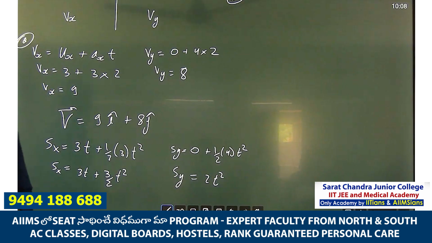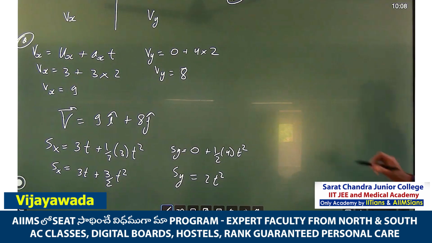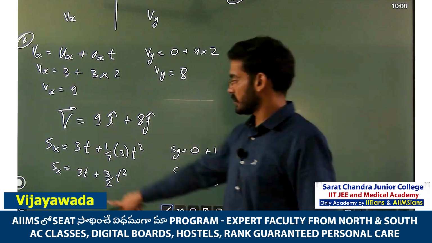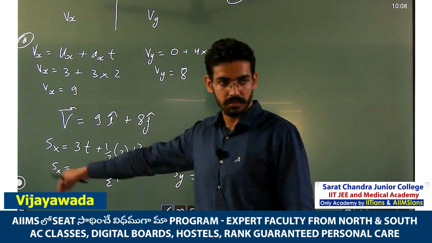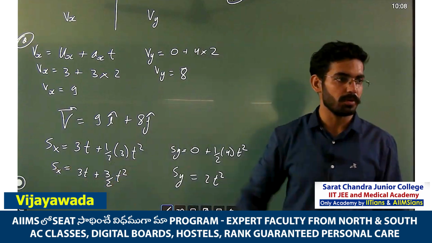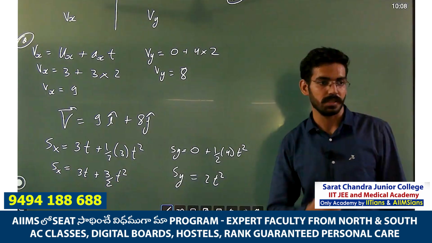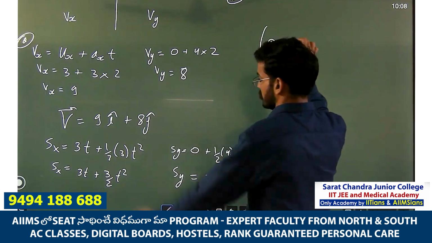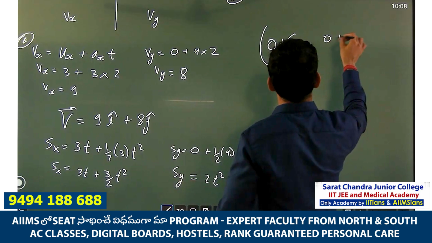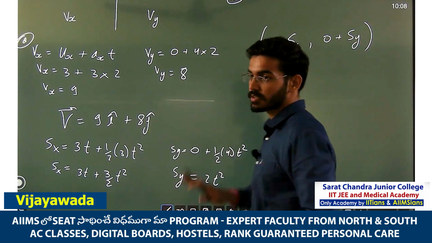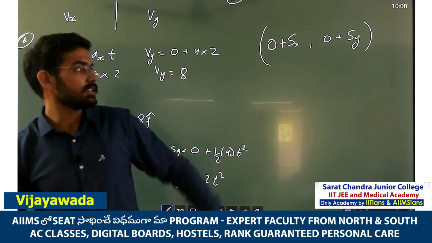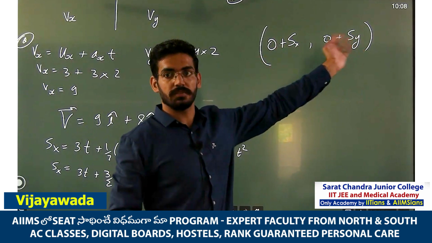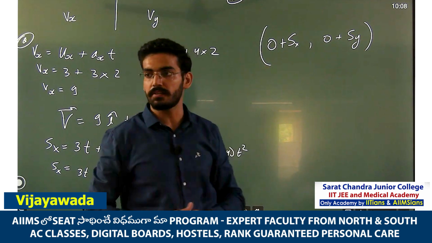He didn't ask me the displacement. He asked me the coordinates. The initial position is origin, which means 0, 0. From 0, 0, there is this much displacement in x, and in y direction, this is the displacement. So you will write coordinate 0 plus Sx, 0 plus Sy. This is the final coordinate. If this value is coming positive, it means move that side. If it is coming negative, it moves the other side. Automatically it will adjust.